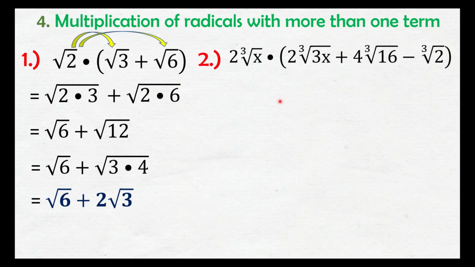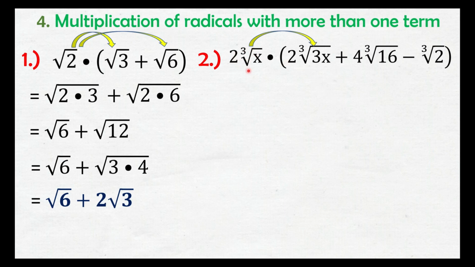Example number 2. 2 cube root of x times quantity 2 cube root of 3x plus 4 cube root of 16 minus cube root of 2. So, i-distribute lang natin ito, monomial na ito, dito sa mga terms na yan. Sa tatlong terms na yan. This is trinomial, di ba?